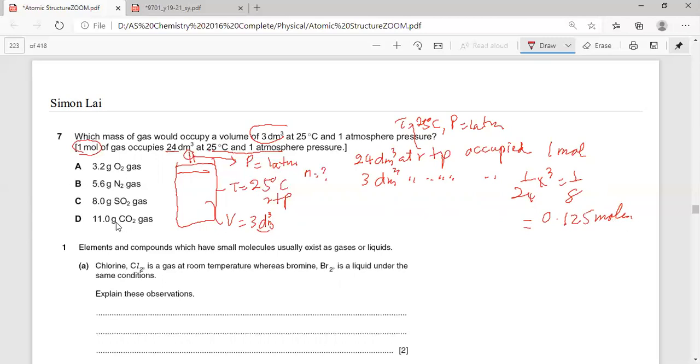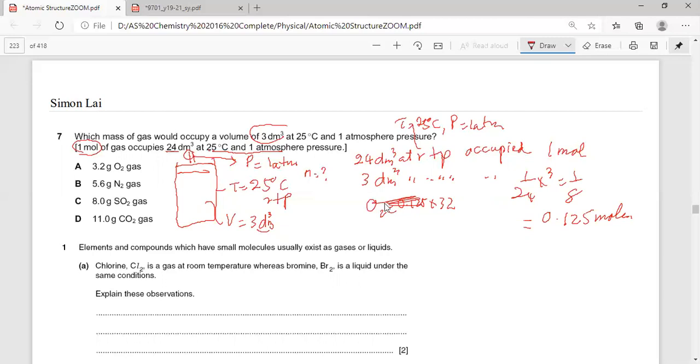If it's oxygen, it'll be 0.125 times 32, which equals how much? I didn't do it. Never mind, let's do it the other way.